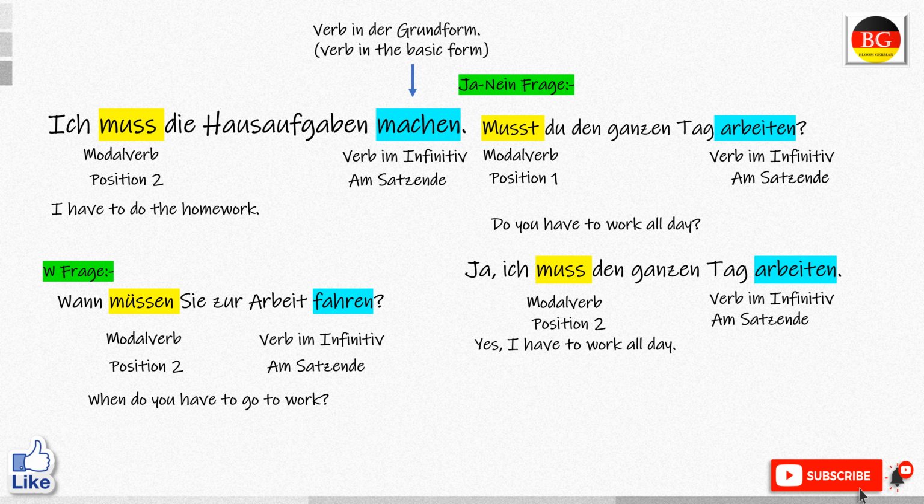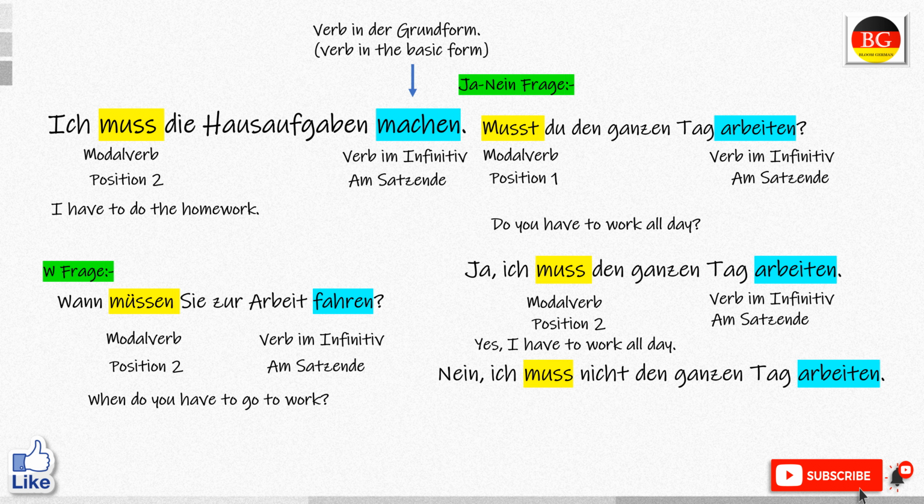So what is the rule for framing the Ja Nein Antworten? Ja, comma plus subject plus modal verb in conjugation plus object plus main verb in infinitive form.